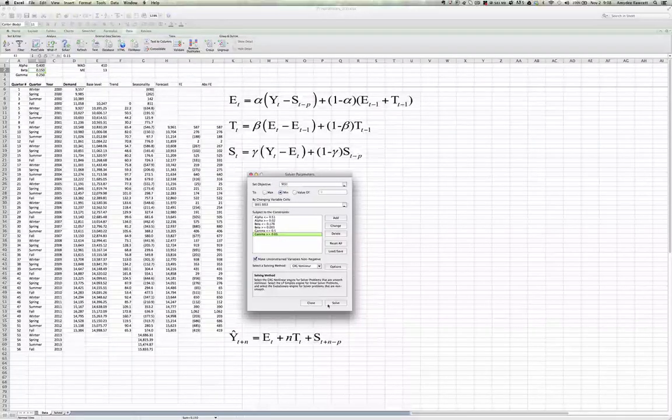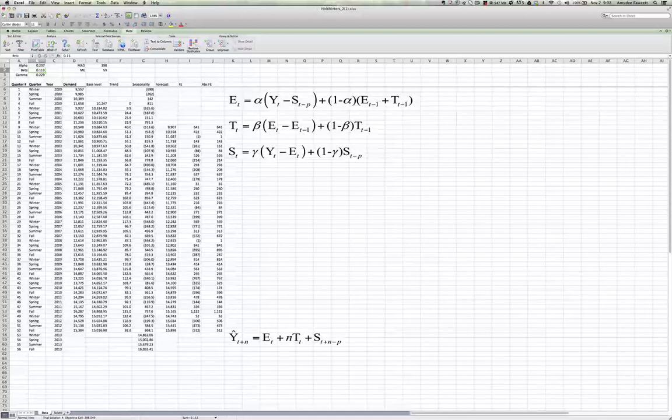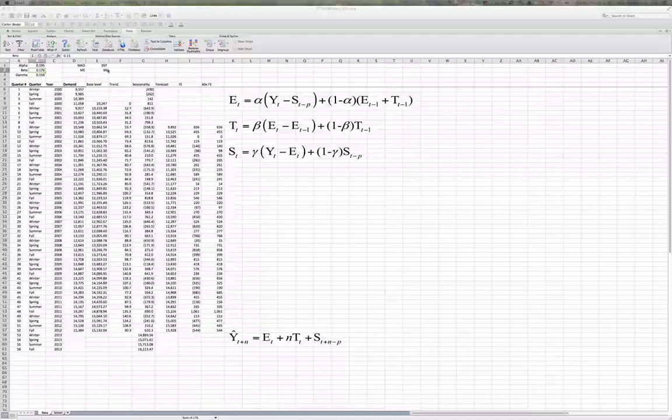So I've implemented those values as constraints down here, as you can see. And now if I click on Solve, Excel will find those specific values of alpha, beta, and gamma that will truly minimize forecast errors or maximize forecast accuracy, in this case in terms of the mean absolute deviation.